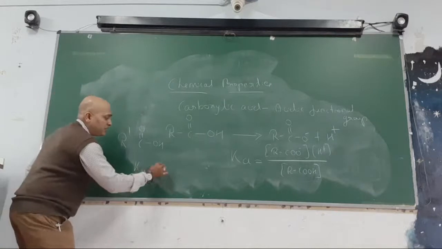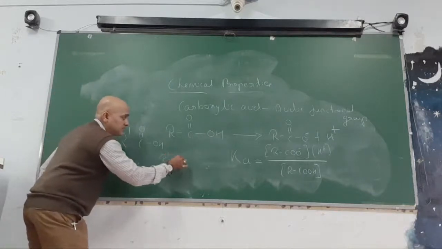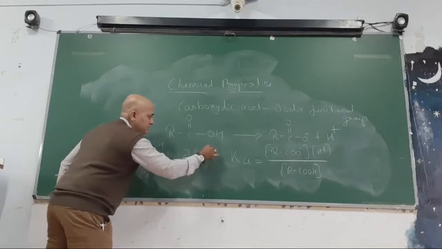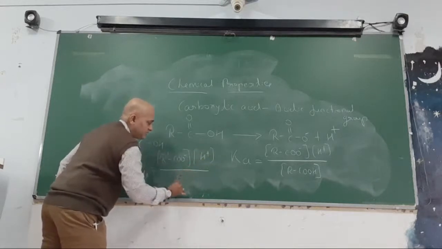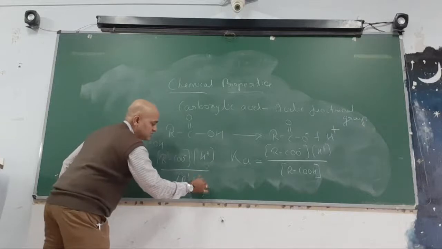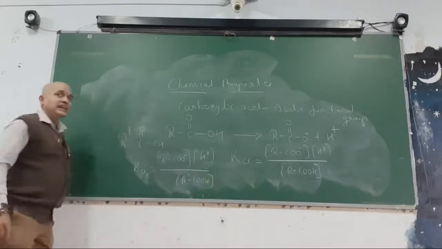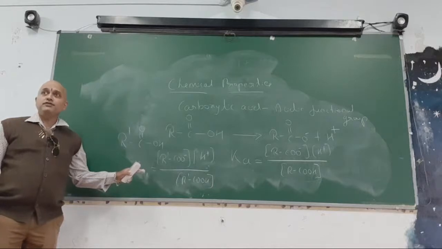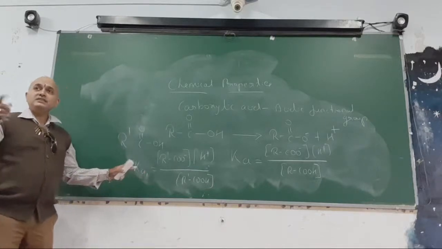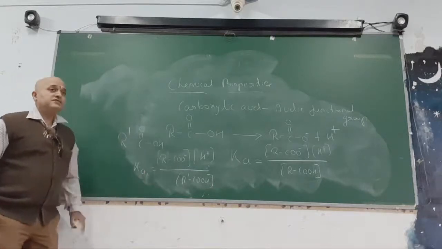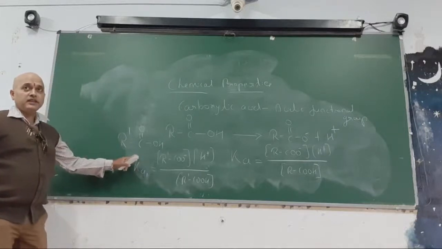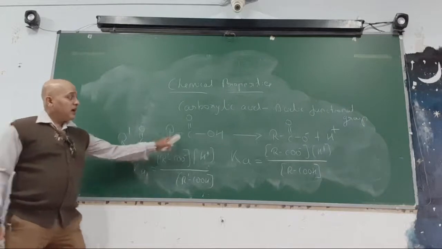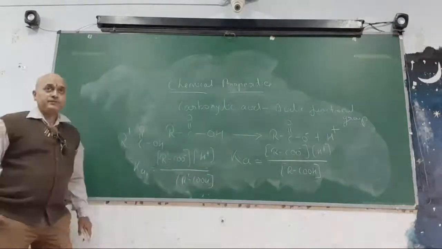So now it will be R prime COO minus, then H plus concentration, divided by R prime COOH. Any doubts here? Whatever I have written, any doubts for any one of you? All of you can see the board, right? That's where we have the Ka1 value and the Ka value.